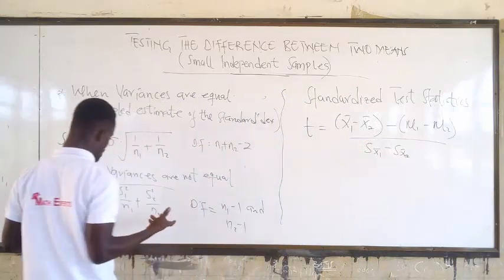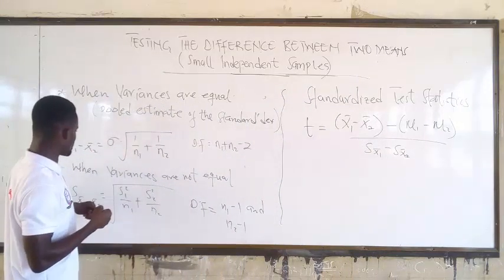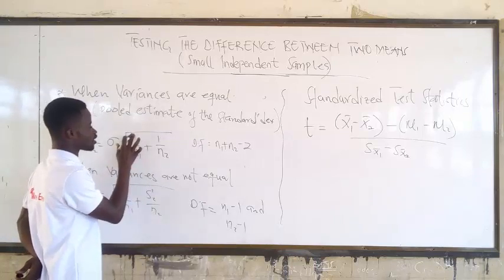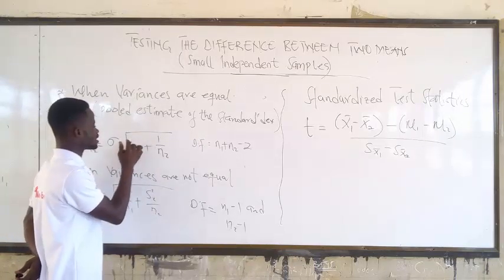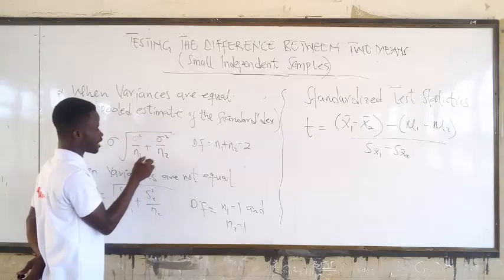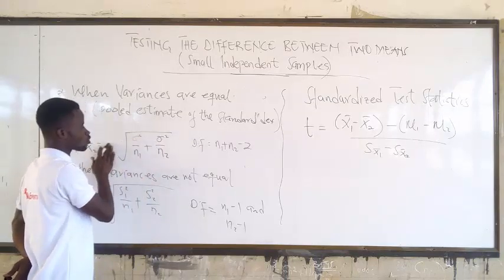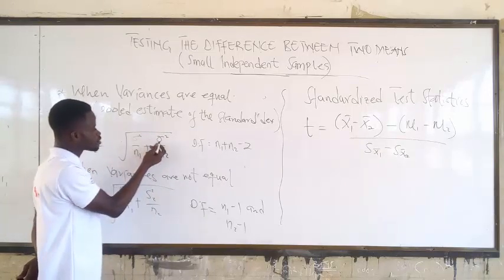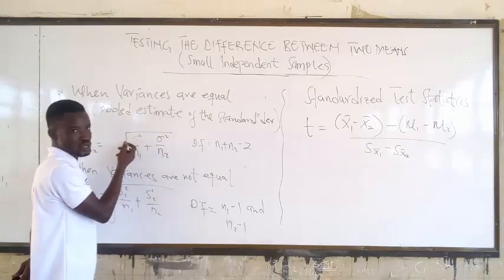And when they are the same, you can see something. When they are the same, there's going to be a square here, right? And there's going to be a square here. So that means that this one will not come. This is what you know already. So if they are the same, it means we can factor this out.